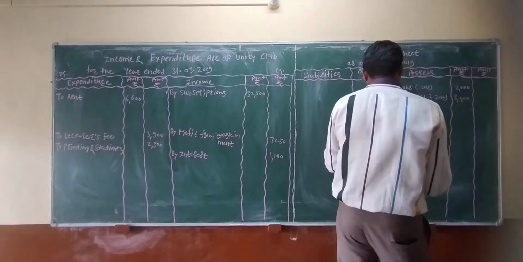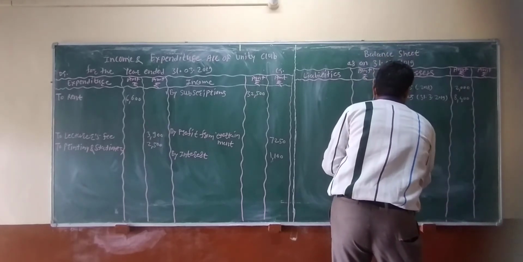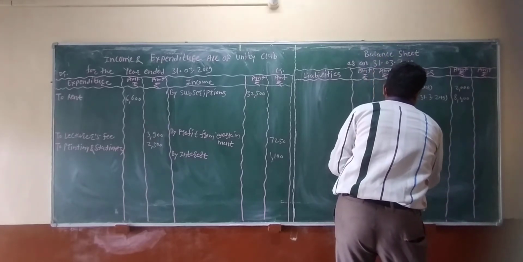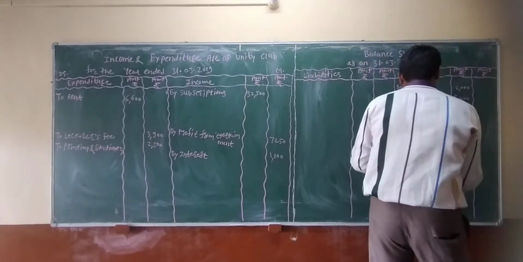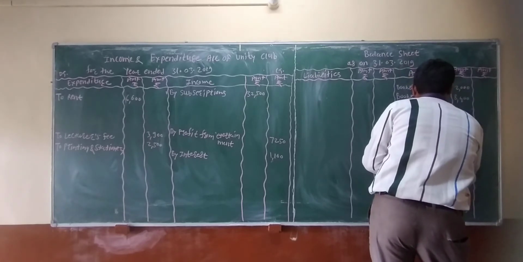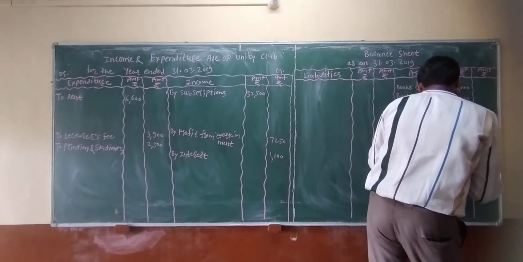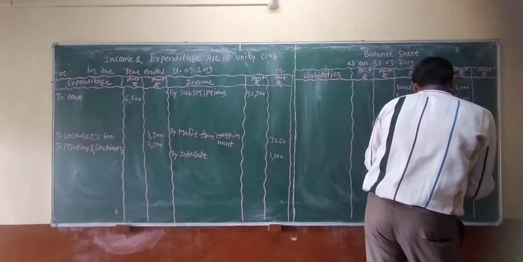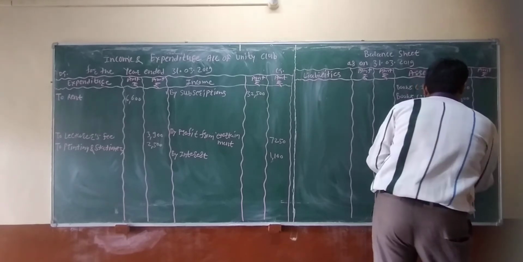Next, furniture is there. First, furniture of 2018, furniture 3,000.